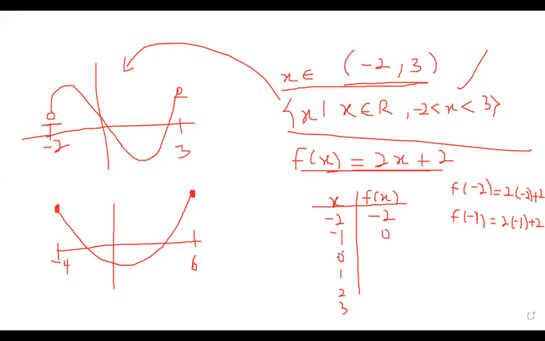Then when x is 0, we'll have 2. When x is 1, we'll have 4. When x is 2, we'll have 6. When x is 3, we'll have 8. Then after that, you just go ahead and plot your function.